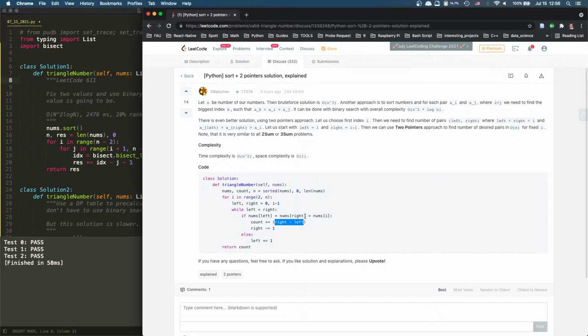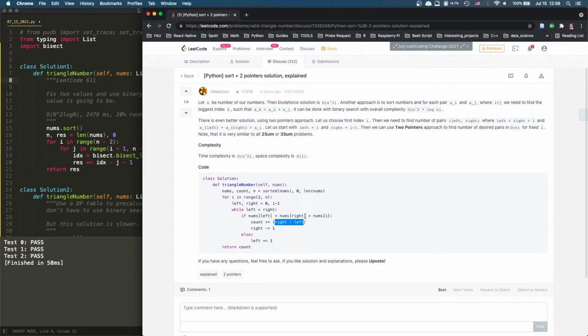So we fix the left, so we still have a left and right, right? Left and right is just the same, and then we move right first, right? Because the sum, let's say the sum is larger than, right? Then we add everything in between. Now we can actually go to the rightmost, right?